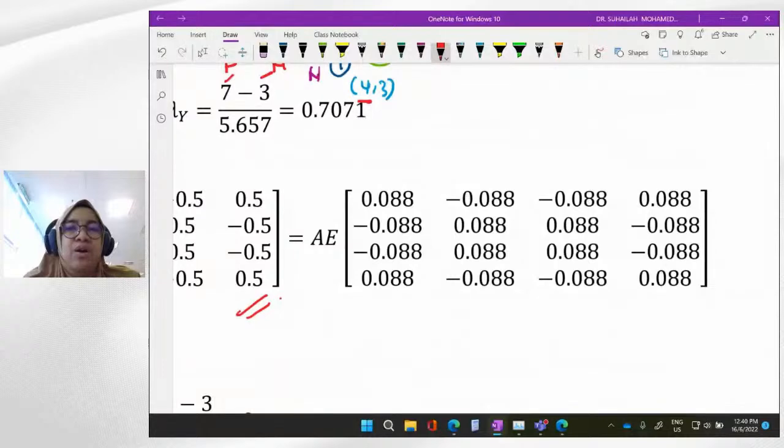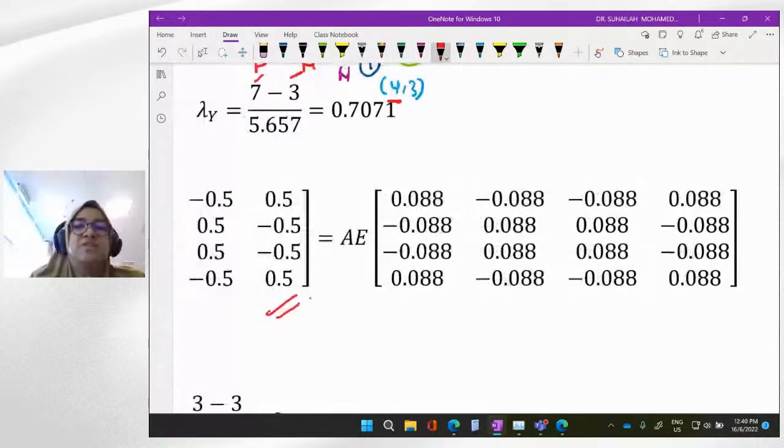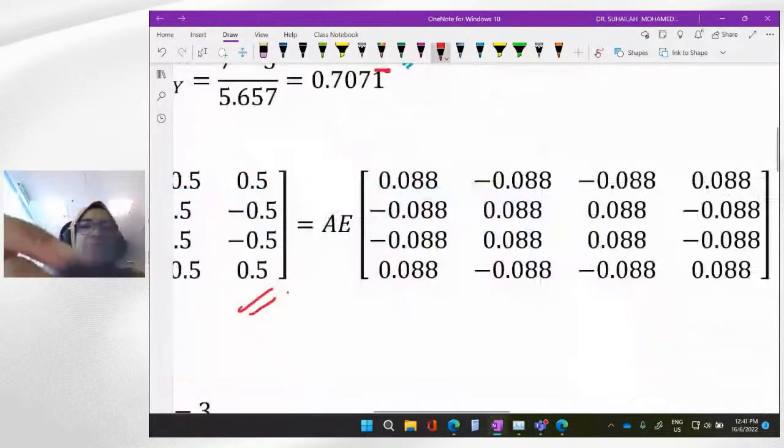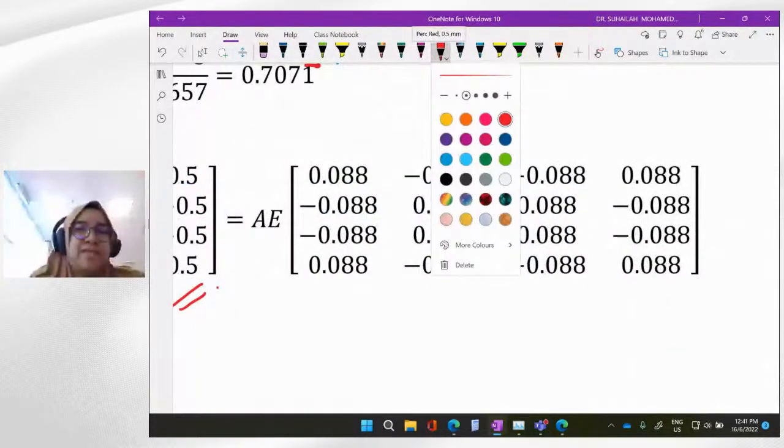In this element stiffness matrix, remember that the first two belong to the near end and the last two belong to the far end. So we have to replace this with the degree of freedom positions: near X, Y, far X, Y.